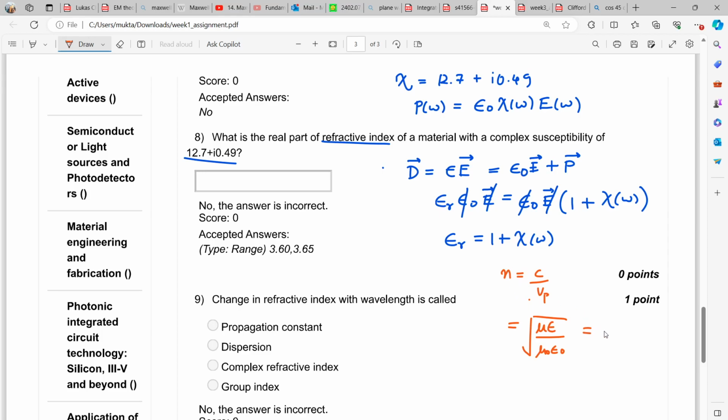So n is nothing but the root of epsilon by epsilon naught, which is the relative permittivity. Correct. So from this I can write n is equal to root of 1 plus chi of omega.